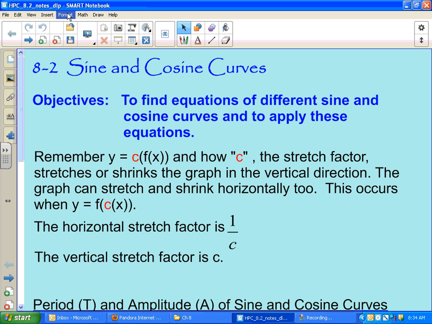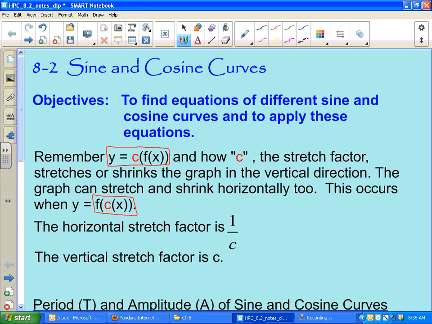Sometimes we have a coefficient out in front of our function, as in the case right here. Or sometimes we have our coefficient inside of the function, as in the case here. In Algebra 2, you went over this: whenever we have this C value, which is called our stretch factor, on the outside in front of the function.